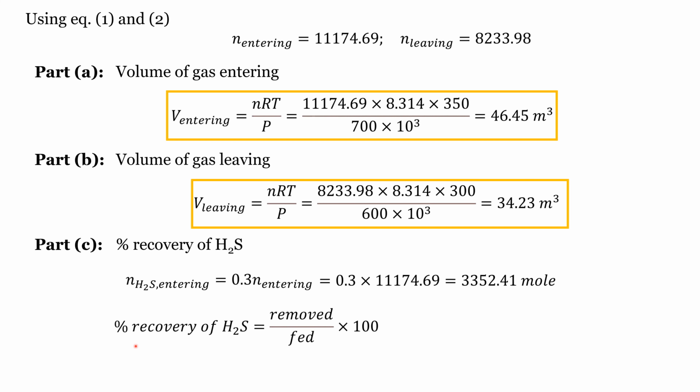So we can write the formula for percentage recovery of H2S: how much H2S is removed over the total amount of H2S fed, into 100. The removed amount was already given, and we just need to put in the value of H2S fed, 3352.41, and after calculation the recovery of H2S will come out as 87.73%.